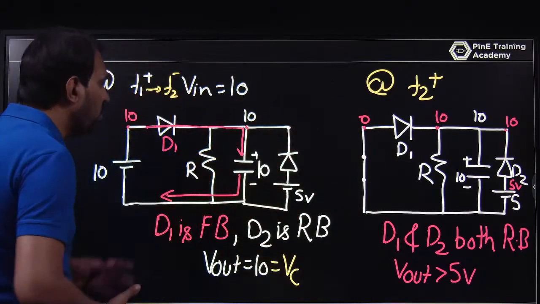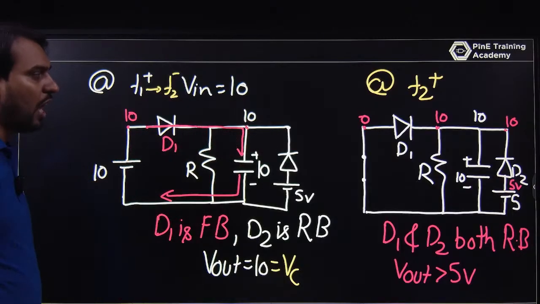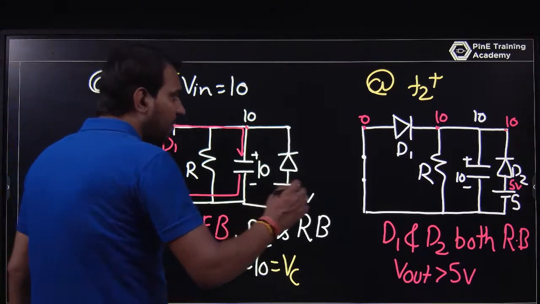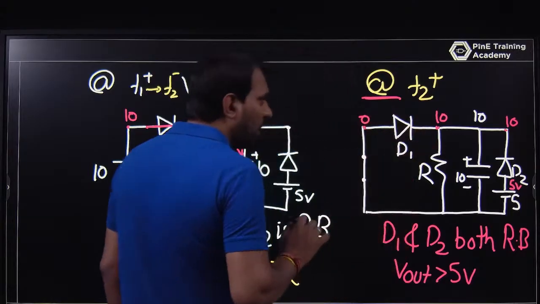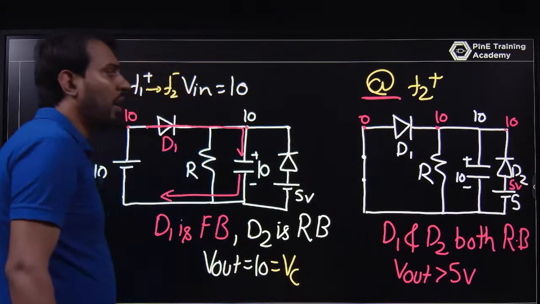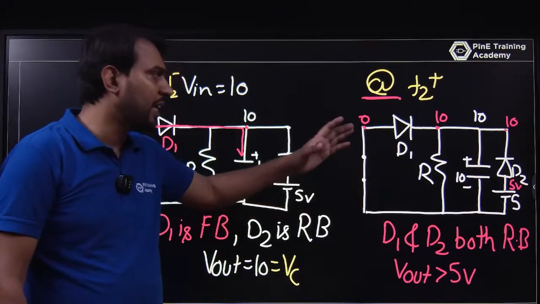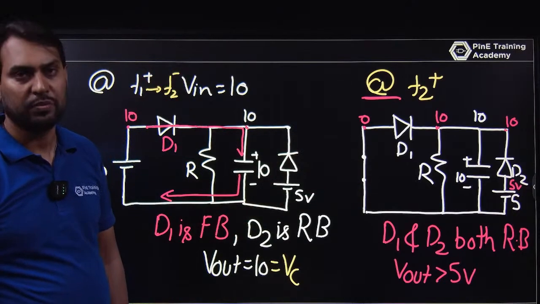Just looking at the circuit, if you are good in networks, you can make the output waveform in one line. But they will try to stump your concept at this point. They will ask you to draw the circuit at T2 plus and explain what is happening to D1 and D2.